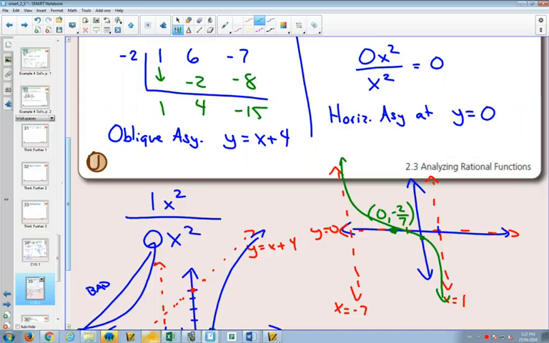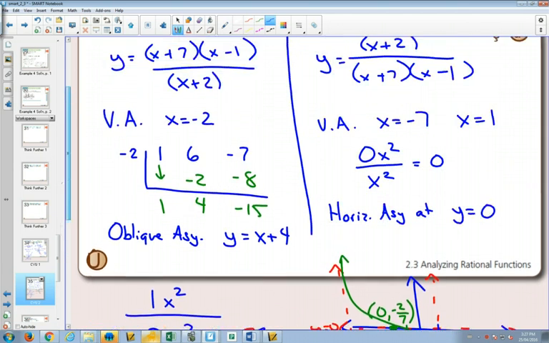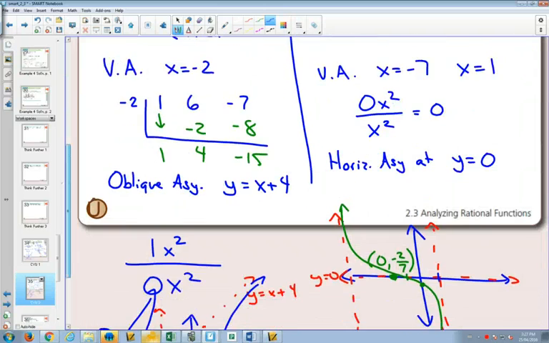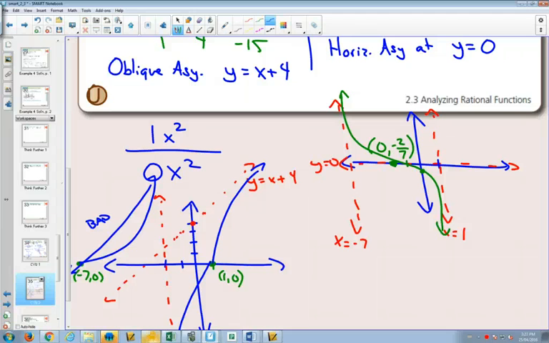Now you'd have to check this with your graphing calculator, but I believe that's going to look like that in that middle section going towards your asymptotes. And when x is bigger than 1, if you were to plug in 2, you could figure that out. And you'd get a point either up here or down there. Okay, so that would be something you would check.